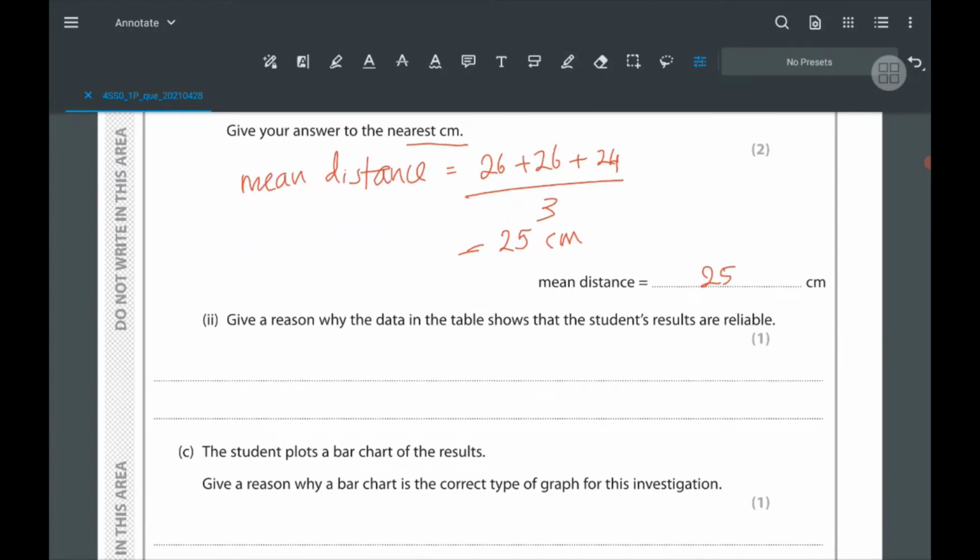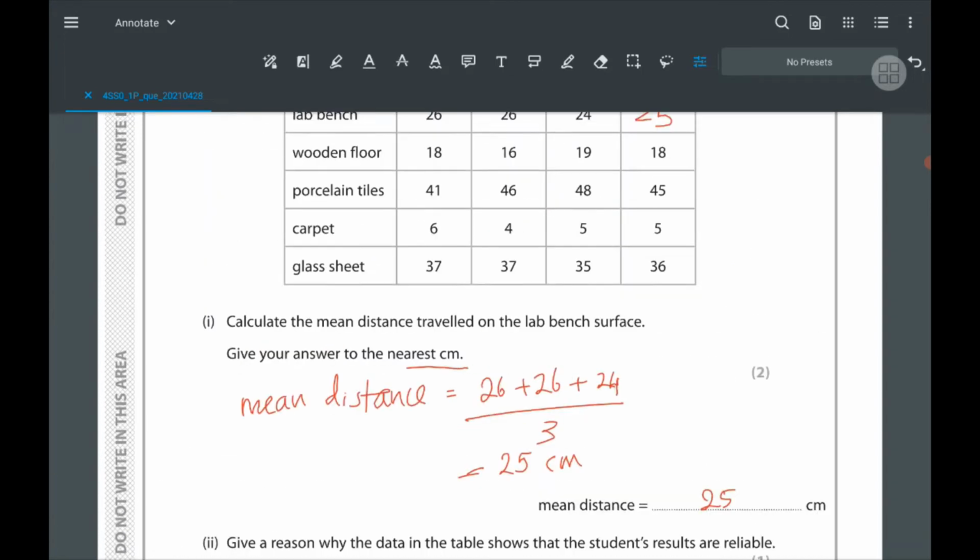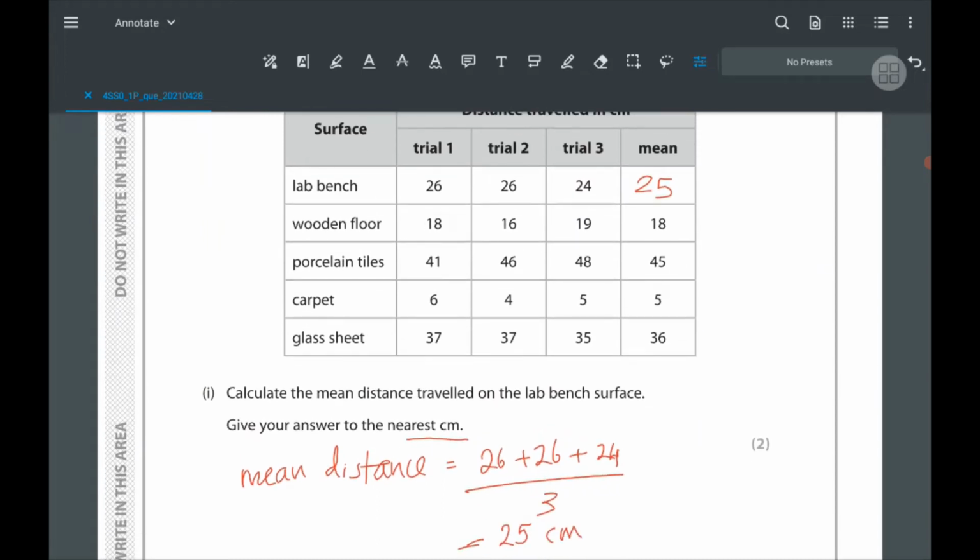Give a reason why the data in the table shows that the student results are reliable. Now, in order to get reliable results, what we do in our experiment is we repeat the experiment a few times. So, due to that reason, you can see in the table we have a set of data which is almost similar to each other in each trial.